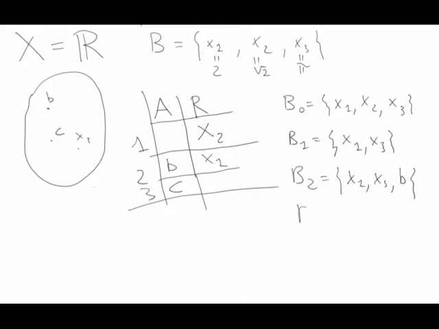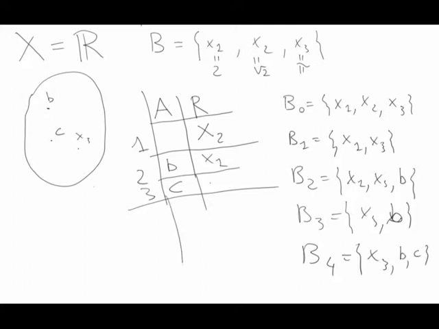So now b3 will be x3 and b, and finally, after adder adds g, we have b and g, and so on.